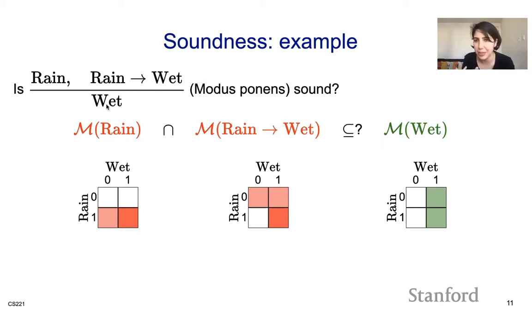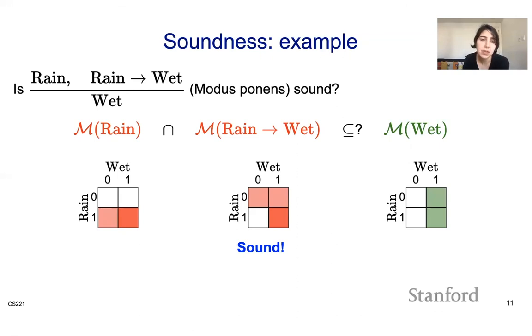We're checking entailment because that is the thing that checks the truth. So models of wet is here. And this darker area is actually a subset of models of wet. So it turns out that modus ponens is actually sound, right? We are inferring formulas that are actually true, okay?